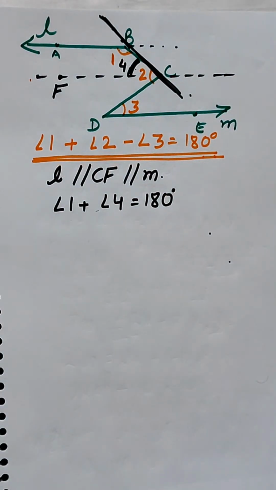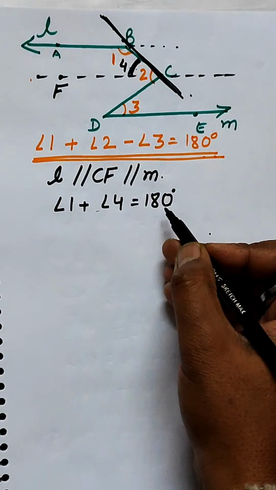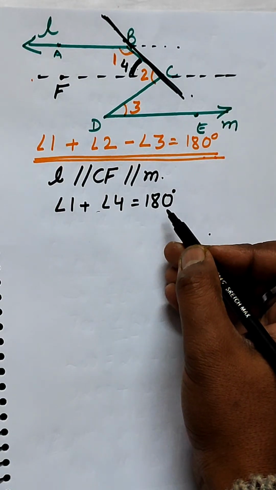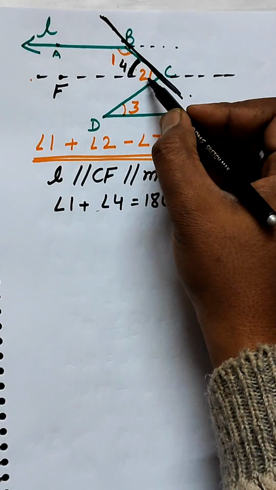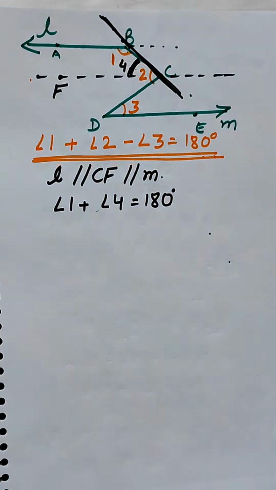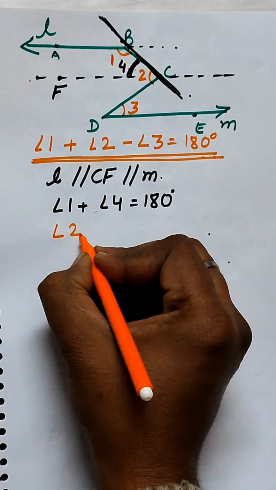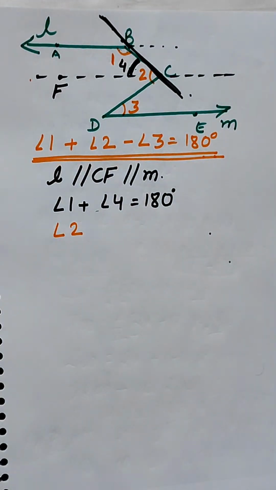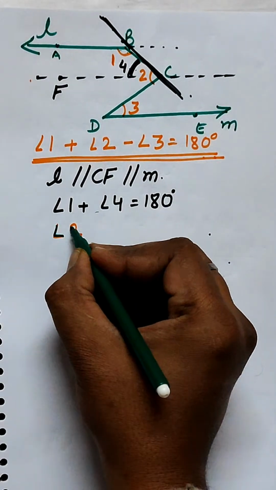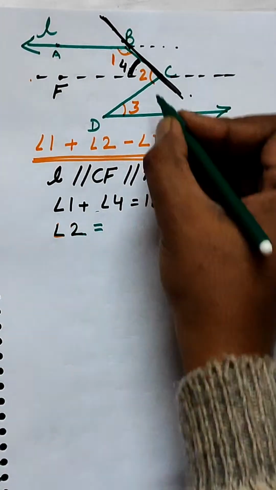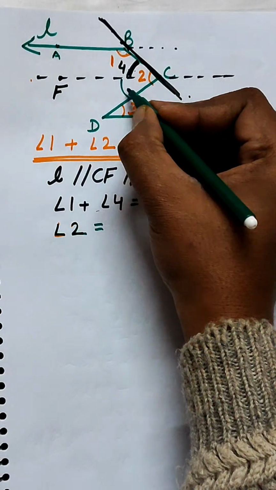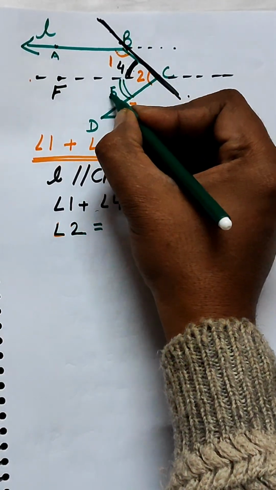Now, if 1 plus 4 is 180 degrees, then what is the value of 2? We have assumed over here angle 2. Let me write in the same color. Angle 2 as angle 4 plus, let's say this angle is angle 5.